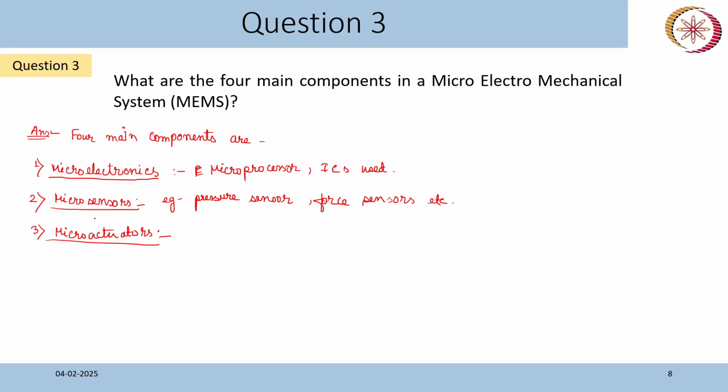I'm giving you an example of a micro actuator, not the actuation mechanism. The mechanism we have discussed can be thermal expansion, or moving a magnetic part using a magnetic field. So one example can be micro mirrors.